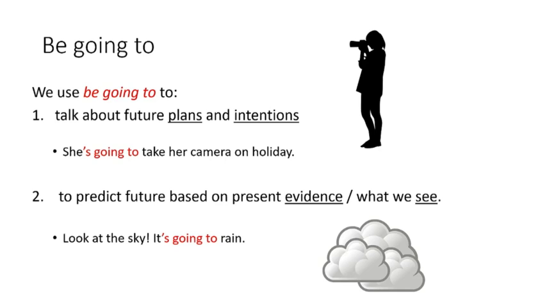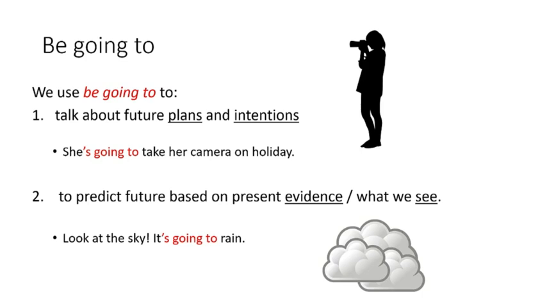And we can also use it to predict the future based on something we see right now, or based on some kind of evidence. For example, look at the sky, it's going to rain. So we can probably see a lot of clouds outside. And we predict the future based on that, based on what we see.